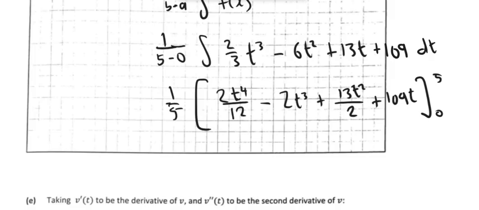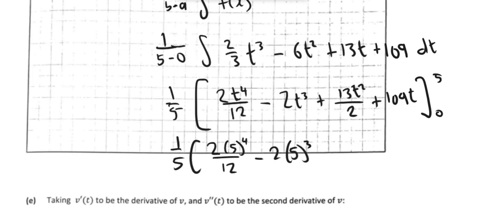So 1 over 5, and we just need to put in a 5 everywhere: 2 times 5 to the power of 4 all over 12, minus 2 times 5 cubed, plus 13 times 5 squared all over 2, plus 109 times 5.